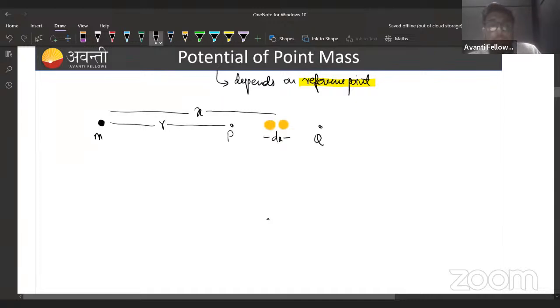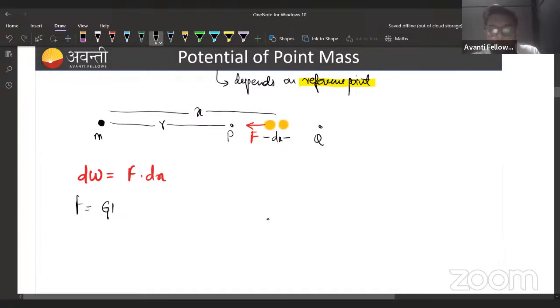Now, we have to calculate potential, right? What I'm going to calculate first is work done. Since one force is acting on it in this direction, what is the work done by this force? Let us calculate that. So a small work done will be force into small displacement dx. What is the value of force?